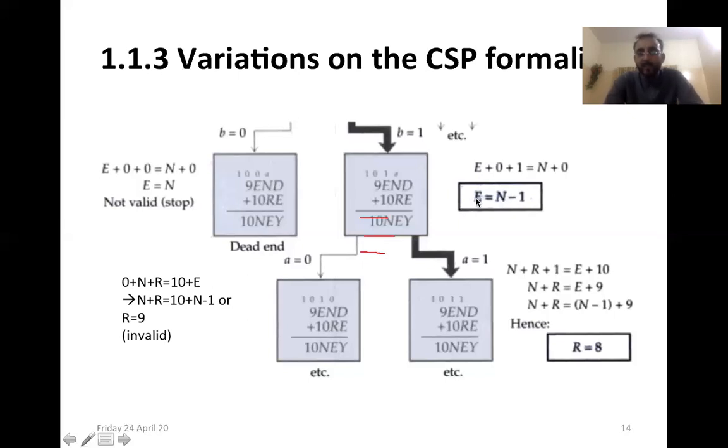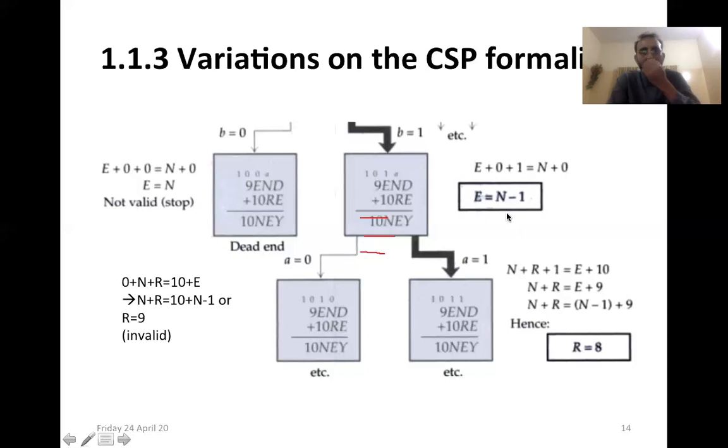For example, if E is equal to 6, then N is equal to 7 minus 1. So the value of N would be 7, and after subtracting 1, we will have 6 is equal to 6. So this is good. This is not violating our constraints. So this equation is giving us a clue that it is okay.